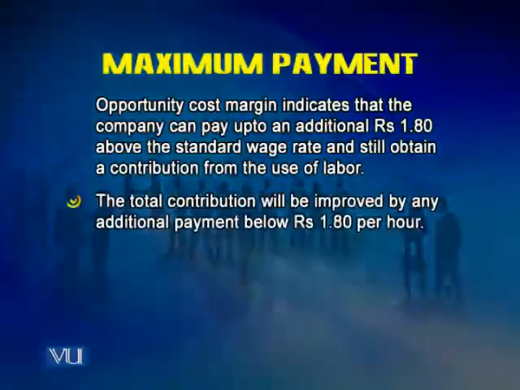So when you increase labor up to 11.8, anything below 11.8 will still give you a positive contribution. So that is the extent to which the labor cost can be incurred. This is the application, therefore, of our relevant cost and linear programming techniques.